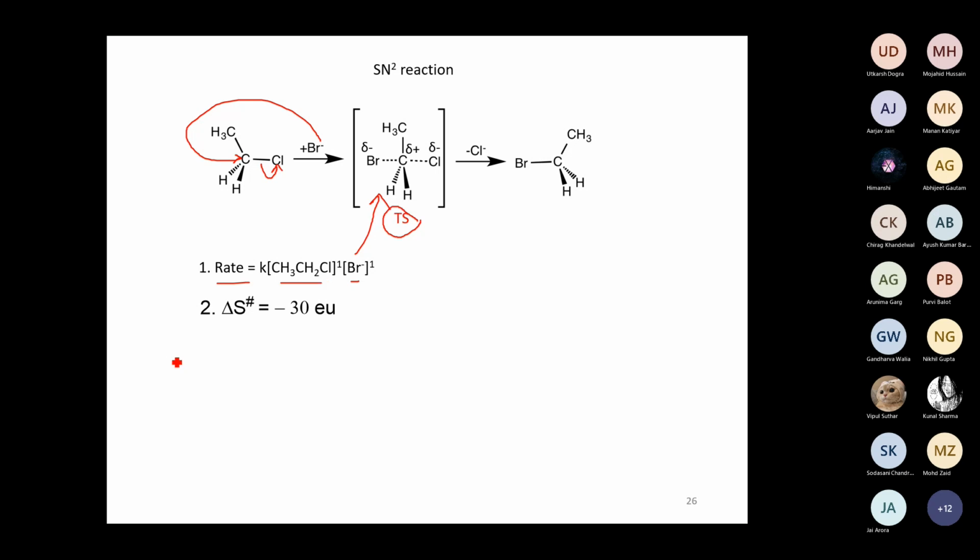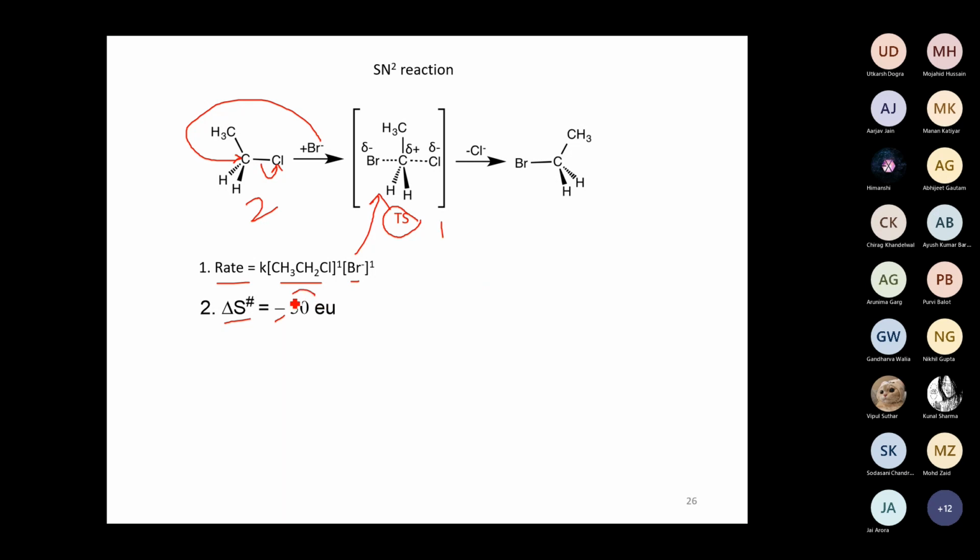Not only that, if you determine the entropy of activation from the Eyring plot, you need to measure k at different temperatures and plot ln(k/T) versus 1/T. Then the delta S of activation, you will see, is negative. That means in the beginning we have two molecules, but in the transition state it is basically one molecule, so entropy will decrease substantially.